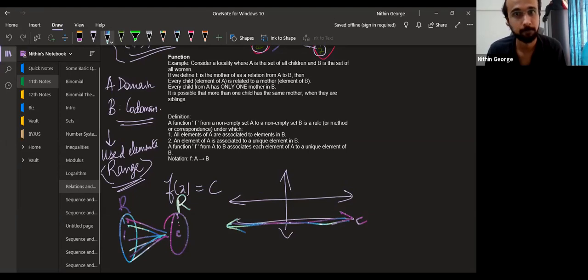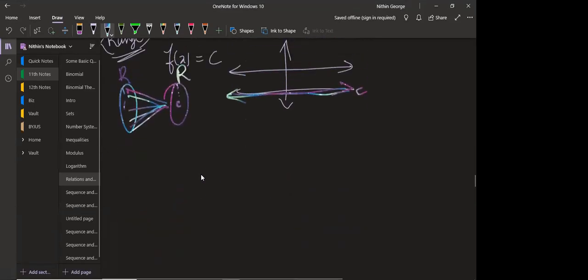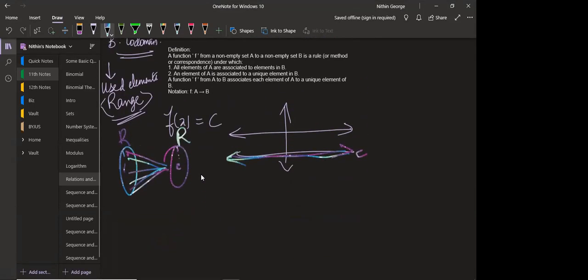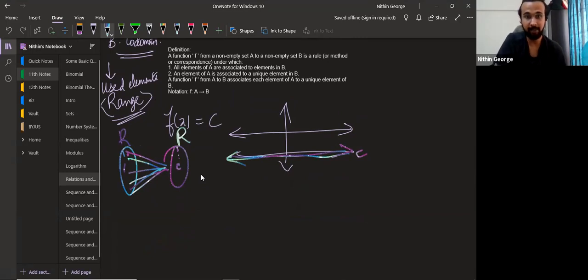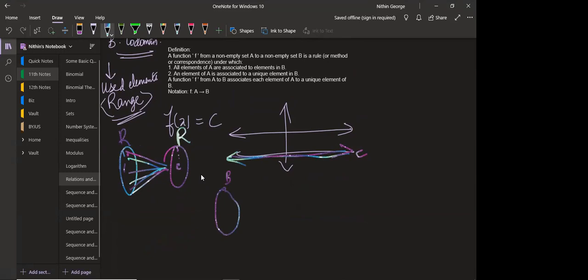Yes, sir. Any doubts here? Sir, I have a doubt. The second condition can be said like it should have a unique pre-image, no sir? Can we say that every element in B can have a unique pre-image?